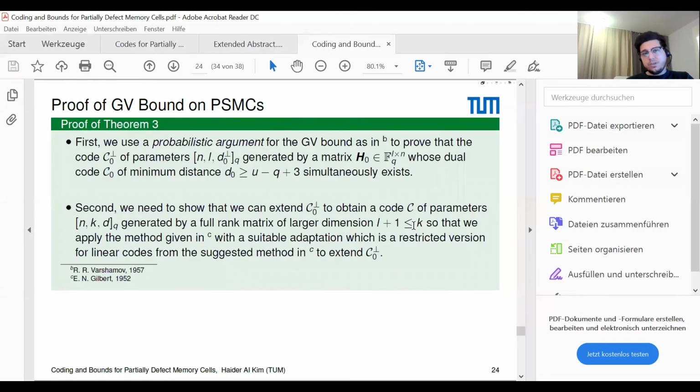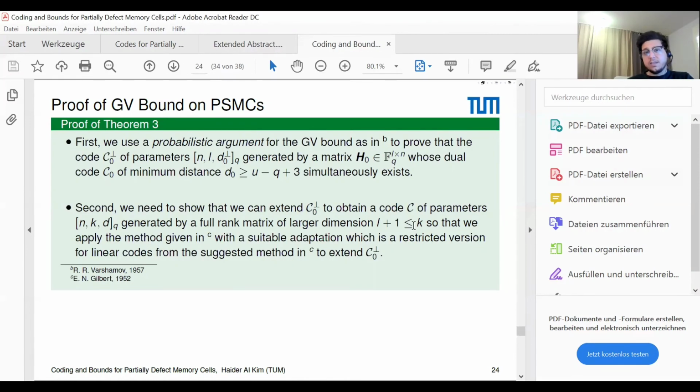First, we use a probabilistic argument for the GV bound, as in Varshamov in 1957, to prove that there exists a code C0 dual of parameter and LD0 dual generated by a matrix H node of this dimension over FQ, whose dual code C node has minimum distance D node greater than or equal to U minus Q plus 3.